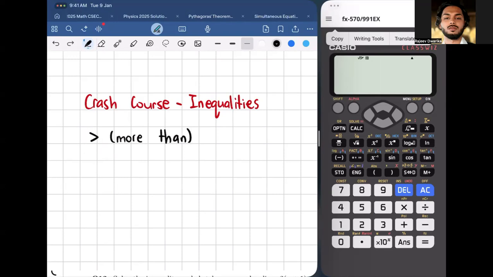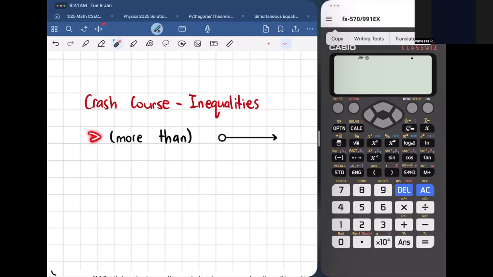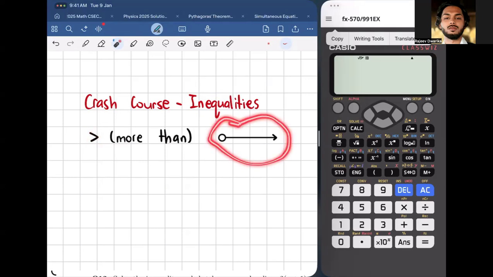And on a diagram, you would indicate it by drawing an empty circle and an arrow in the same direction that it's pointing to. So Vanessa, notice that the more than symbol kind of looks like the head of an arrow. You see that? And it points to the right. So you follow that same logic when you do the number line.